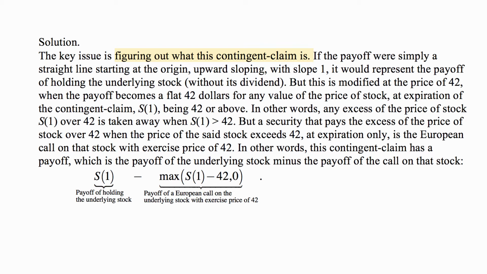But you take away the excess over 42 at the level of 42. In other words, you take away the call with exercise price of 42. Okay, so the payoff is the price of a stock at time 1 minus what the payoff for a call with exercise price of 42, a European call, because it's a European security, that's what we are told.